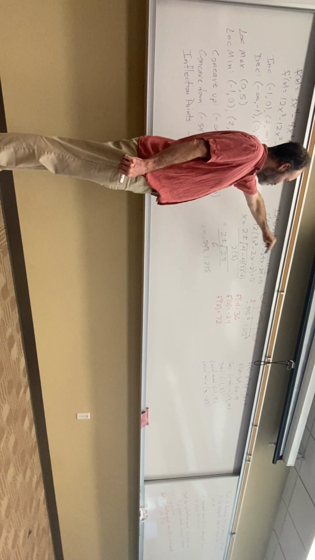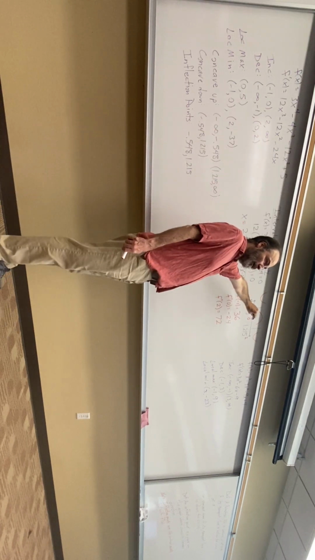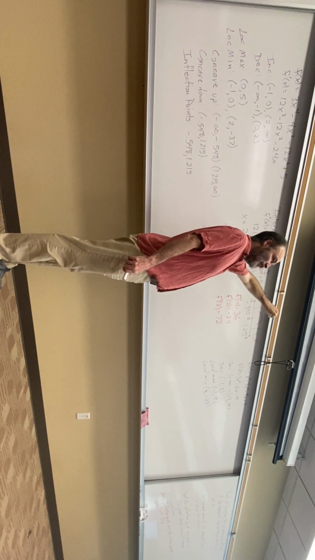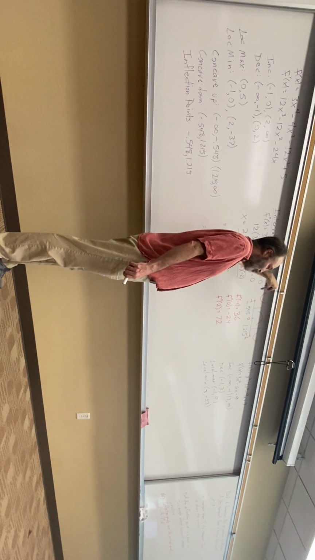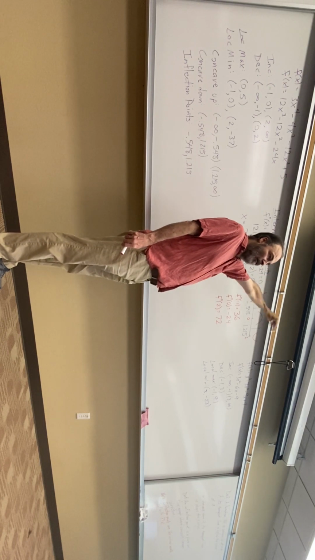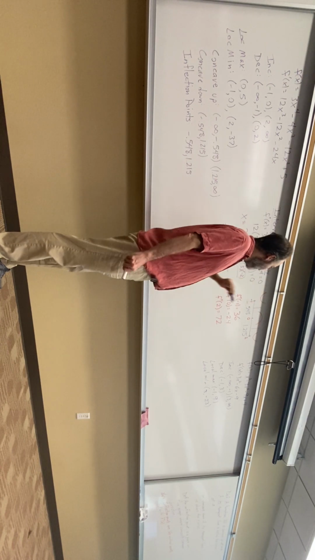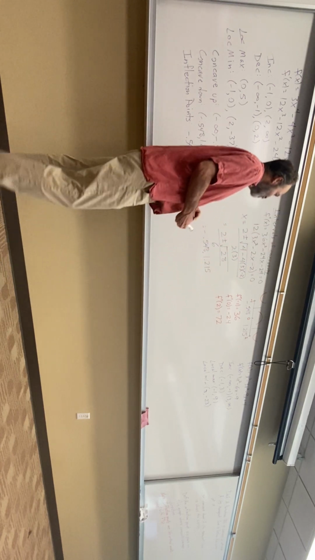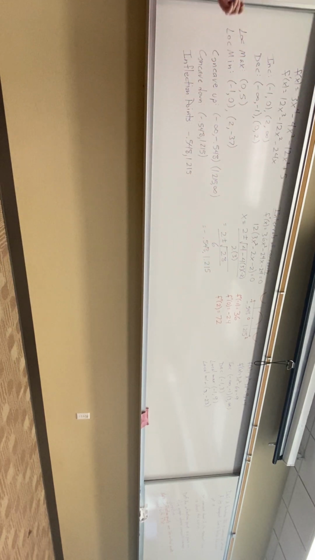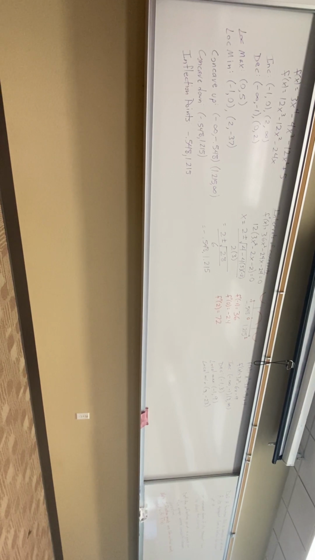So take the second derivative, set it equal to 0, set up your number line, pick your test points on either side to determine on this side is it concave up or down, on that side is it concave up or down. Then we plug the test points back into the second derivative. Okay, so go ahead and do that.